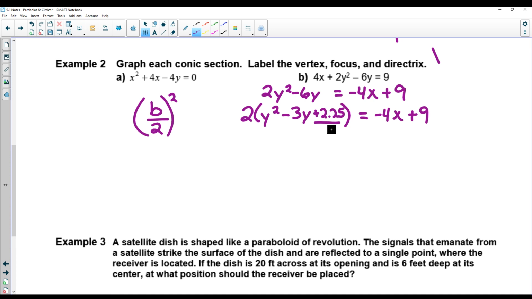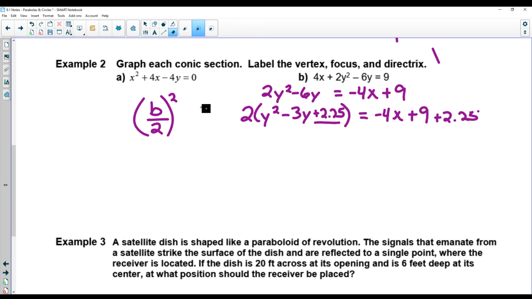So here's the tricky part of this, though. Whatever I do to one side of the equation, I've got to do to the other side. You do not just put plus 2.25 right here because that is not balanced. On this side of the equation, I have 2 times 2.25. So just putting that right there would be incorrect.